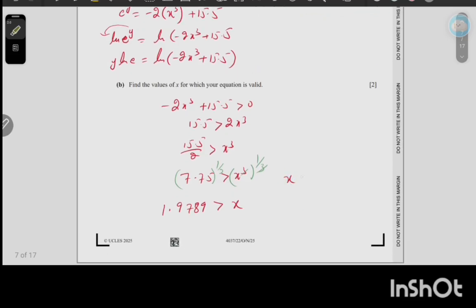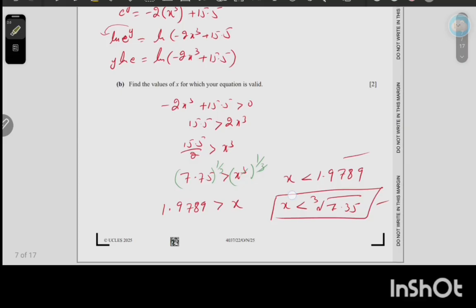So it means x is less than 1.9789. Okay, dear friends, normal. Hopefully you understand these questions. So we also have to use the cube root of 7.75. This is our required answer. Both you have to use.